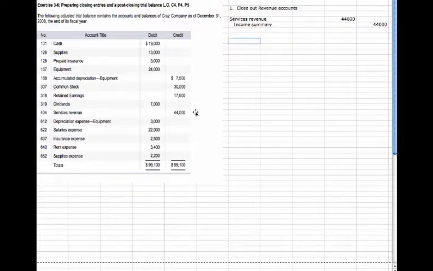Okay, now step 2 says close out your expense accounts. So once again, I take a look at all my expense accounts here from depreciation down to supplies. They all have debit balances, so we need to do credit entries to get rid of them.